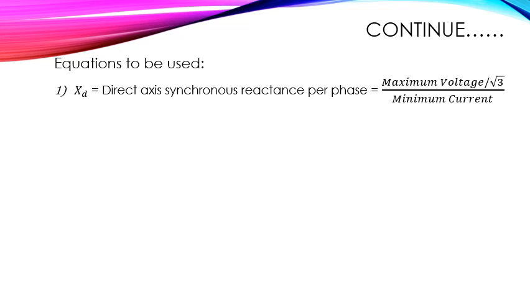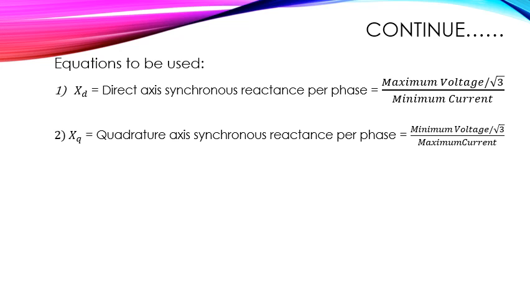That's why the equation is maximum voltage divided by root 3 and divided by minimum current. Then the quadrature axis synchronous reactance per phase is the same, but here it is minimum voltage to maximum current. So convert the line voltage into phase voltage by dividing the line value of minimum voltage by root 3. Then the phase voltage is equal to VL by root 3.